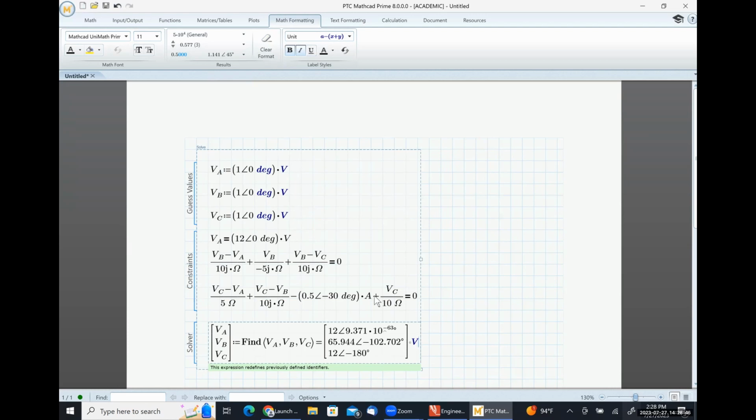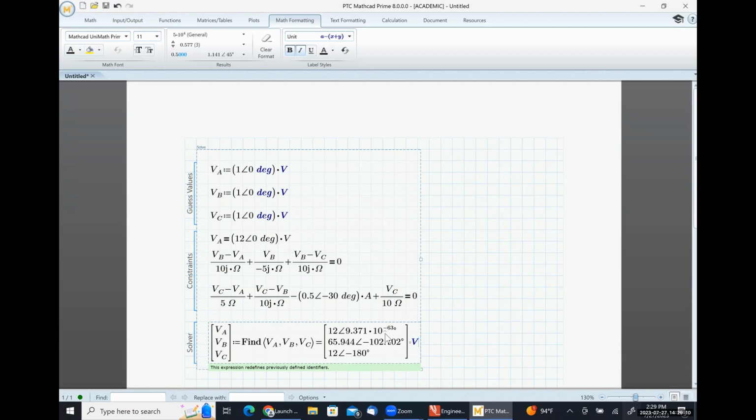One thing that may seem a little bit off-putting or wonky here is that our VA answer is 12 with an angle of 9.371 times 10 to the negative 63 degrees. That is just MathCAD being a little bit obtuse. Anything times 10 to the negative 63 is extraordinarily close to 0.